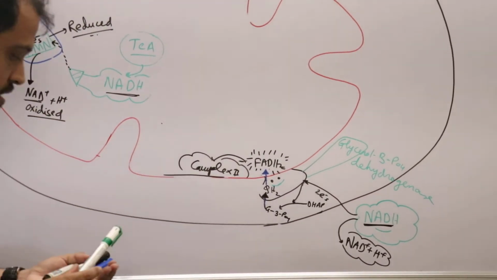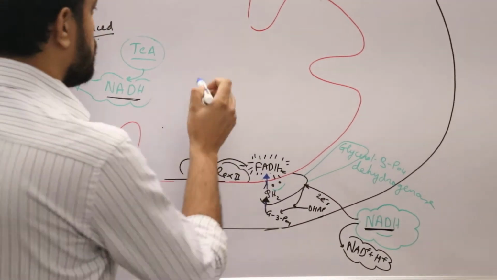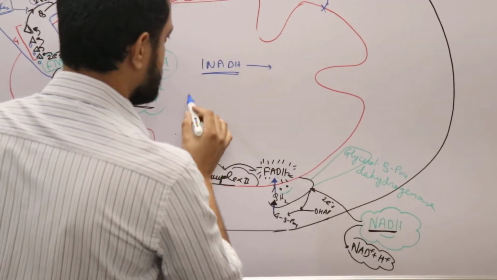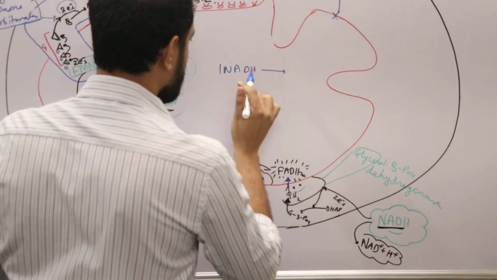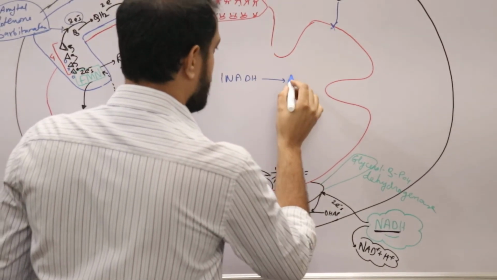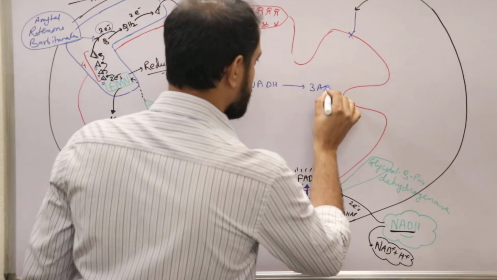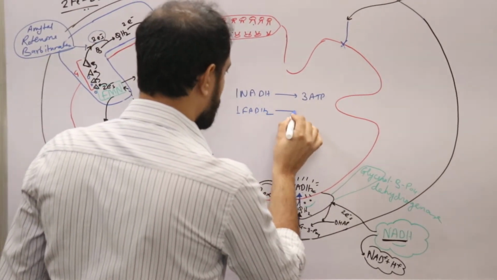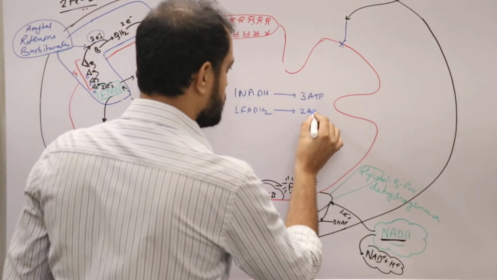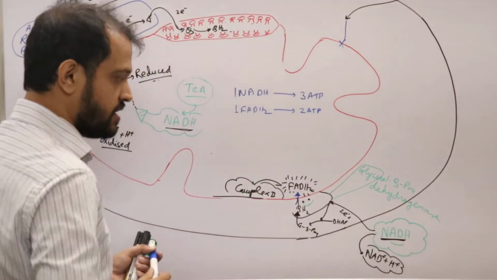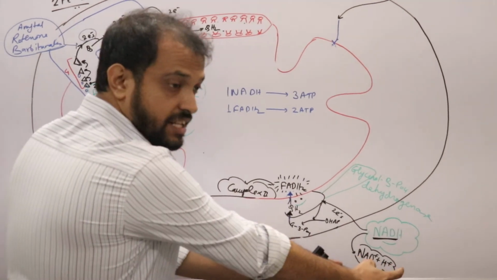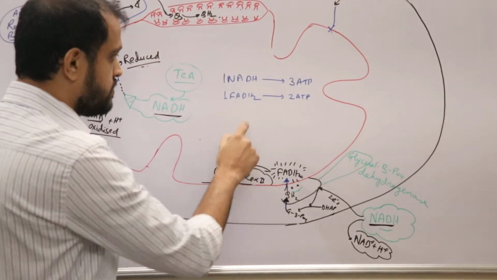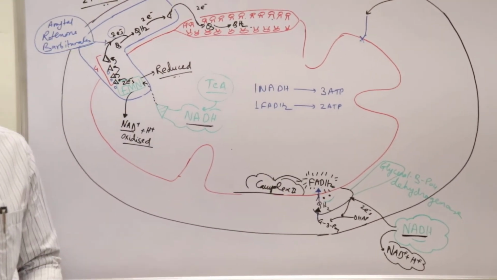Now listen, I have already told you that when one NADH is broken down via ETS, it gives 3 ATP, and when one FADH2 is broken down via ETS, it gives 2 ATP. That means the cytosolic NADH which wanted to enter into ETS will give 2 ATP.